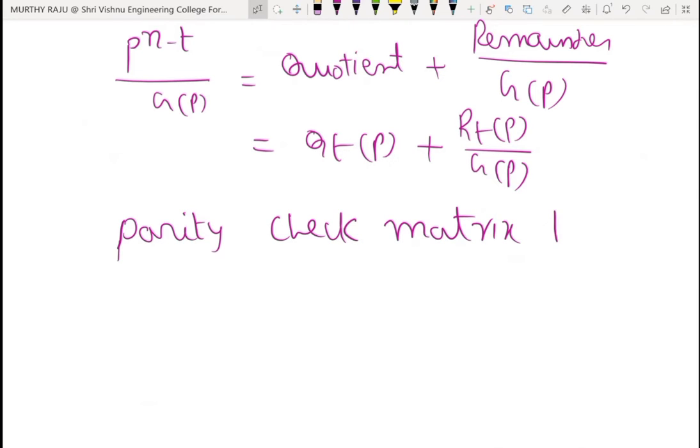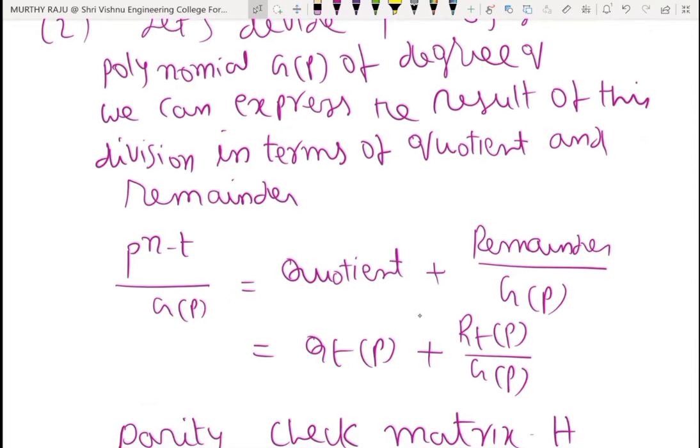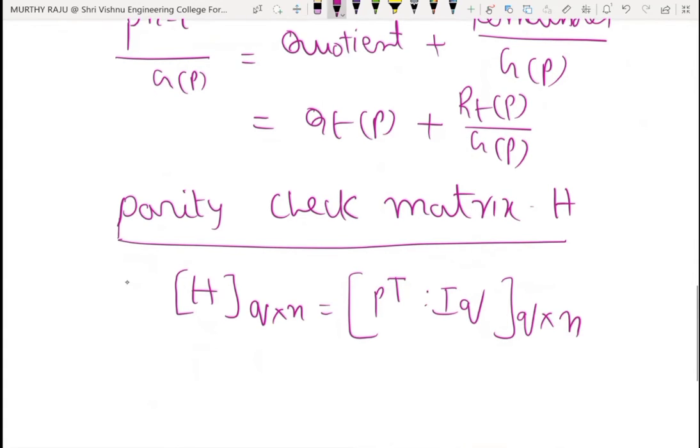Parity check matrix is represented by capital H. The order of H matrix is Q cross N, H is equal to [P transpose, IQ], Q cross N. Once the generator matrix is determined, automatically with the help of this one, the parity check matrix will be obtained.